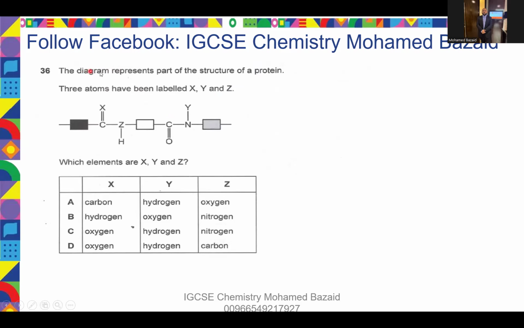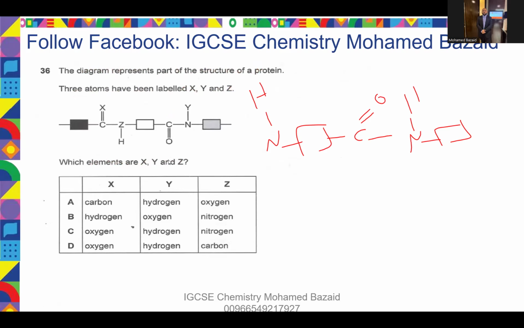Question 36. The diagram represents part of the structure of a protein. 3 atoms have been labeled X, Y, and Z. Which elements are X, Y, and Z? If you remember, in the structure of protein, on the right I have C double bond O, and on the left I have NH connected with another box.